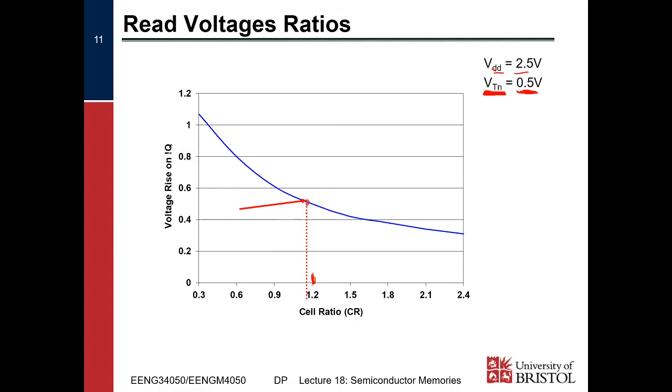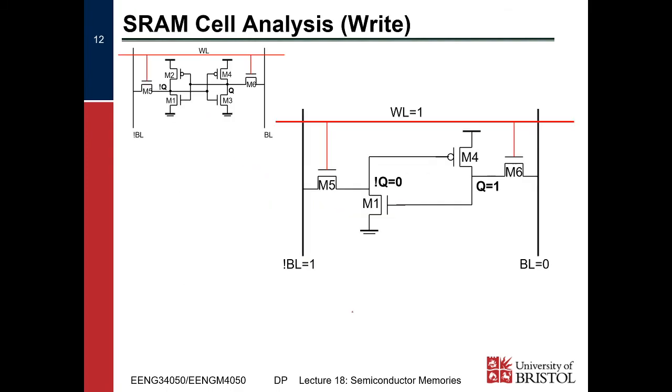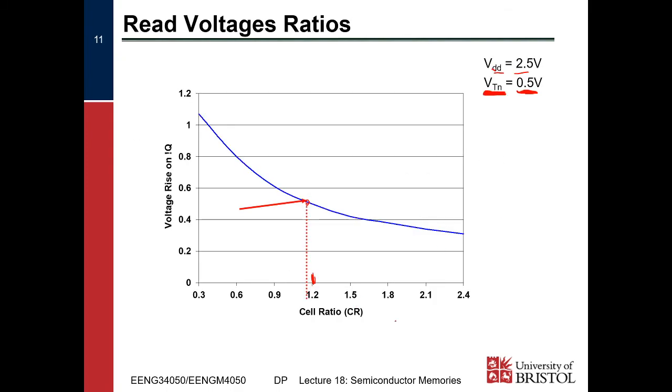Which is a good point to look at when deciding. So we'll see that most memories will have a cell ratio greater than 1.2, right? Normally it's in the region of 1.25 to 2, just to make sure.